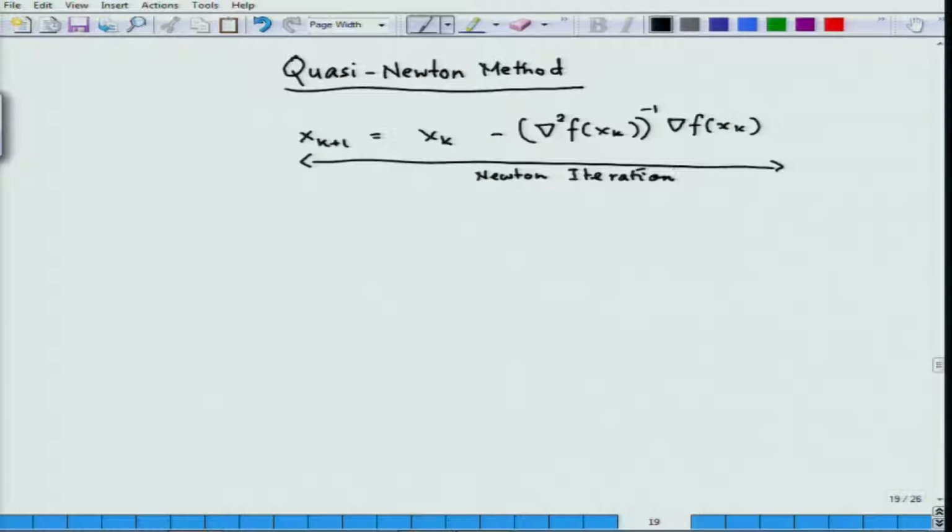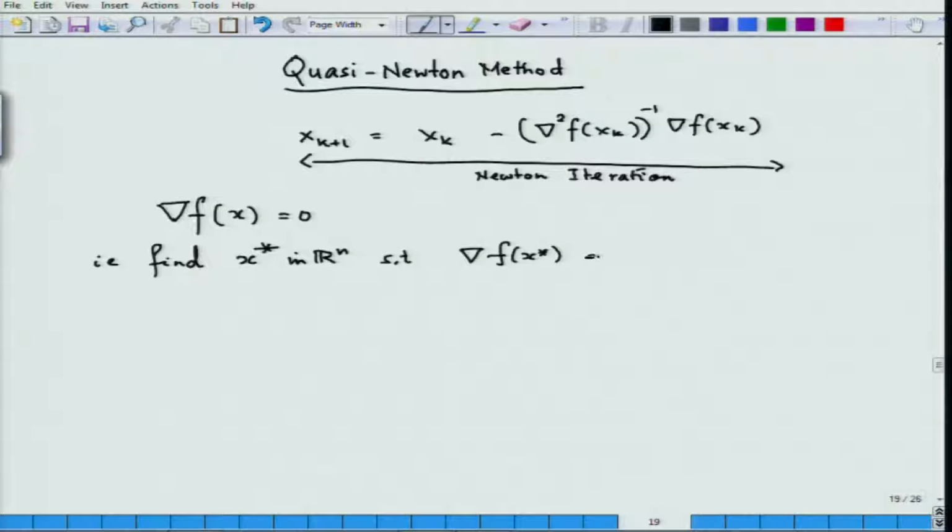Now, I can look at it from a very different point of view. What essentially I want while I am trying to solve an unconstrained optimization problem is to solve this equation, that is, find some x star in Rn such that the gradient of f at x star is equal to 0.